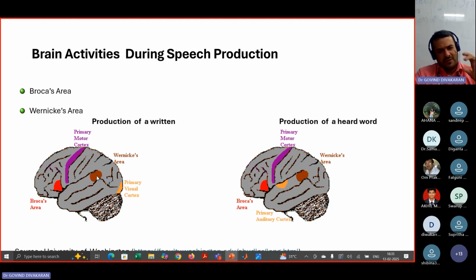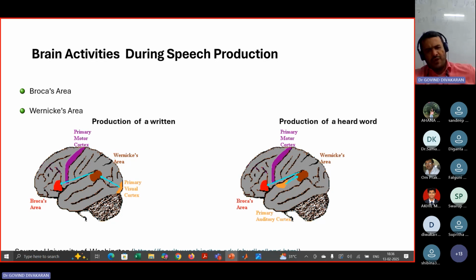Once that comprehension is done, it sends instructions to Broca's area. Broca's area stimulates the primary motor cortex, which controls the muscles responsible for speech production.